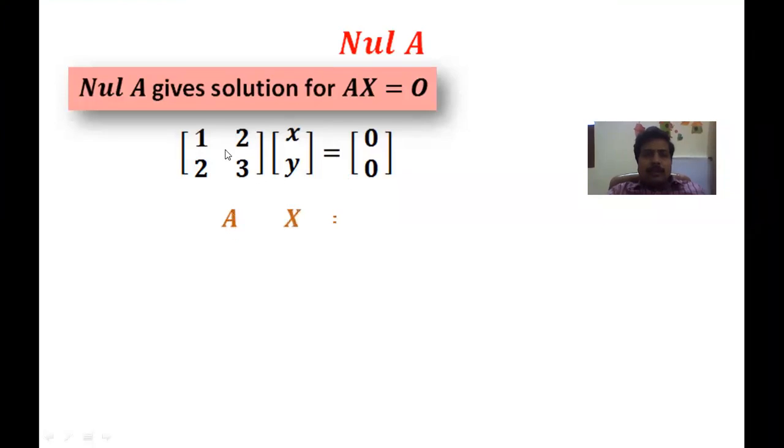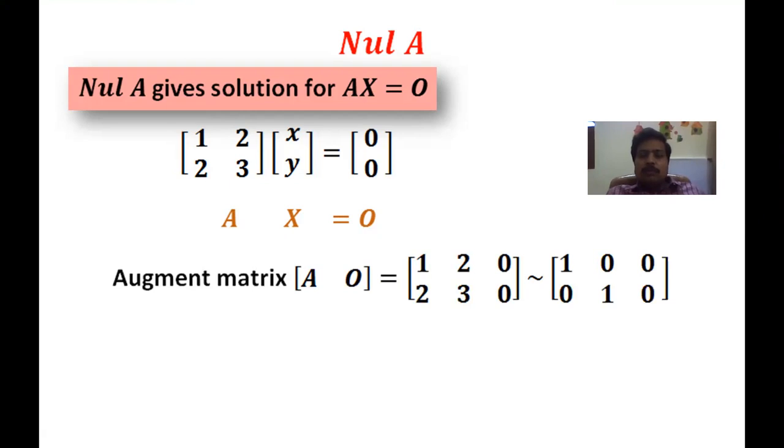So this is A and this is X and this is denoted by O. So here the augmented matrix [A|O] is equal to 1, 2, 0, 2, 3, 0. So we are taking zeros in the last column, which can be reduced into 1, 0, 0, 0, 1, 0.